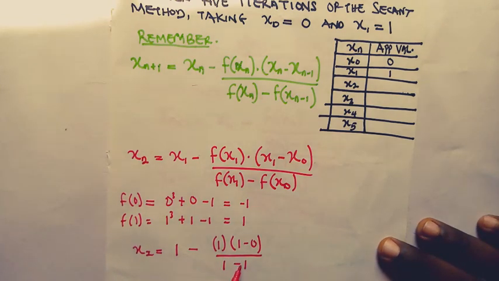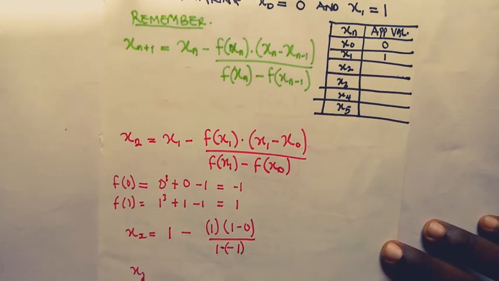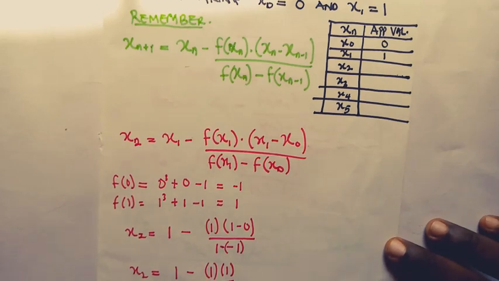So x2 equals 1 minus: 1 minus 0 gives me 1, and 1 into 1 over 1 plus 1 gives me 2.